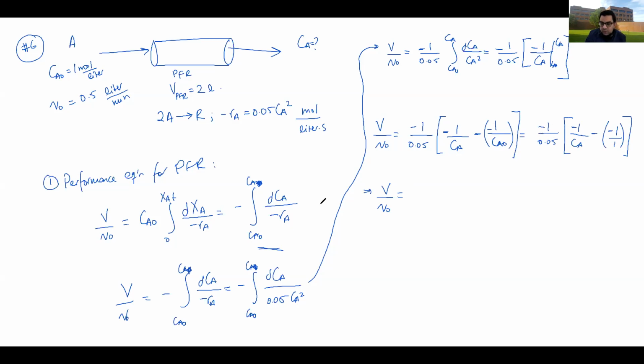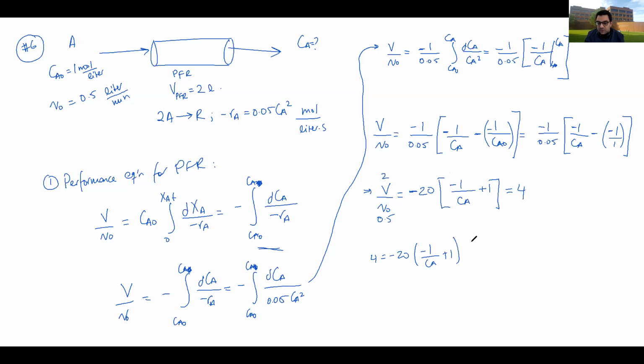This is 20, so minus 20 times minus 1 over CA plus 1. Now let's look at the left side. V is 2 liters, V naught is 0.5, so this is equal to 4. So I have 4 is equal to minus 20 times minus 1 over CA plus 1.